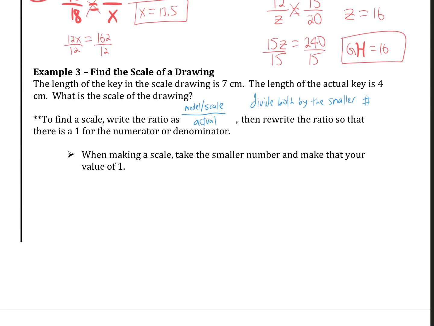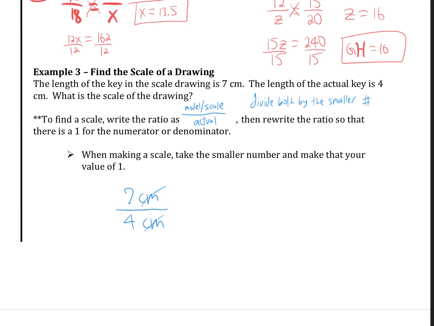So we're going to do model or scale over actual. What's the model or scale distance in this problem? Since the scale drawing is 7 centimeters, we have 7 centimeters. What's the actual size of the key? It is 4 centimeters. Now the centimeters are going to cancel, but we need to make a 1 for one of these values.